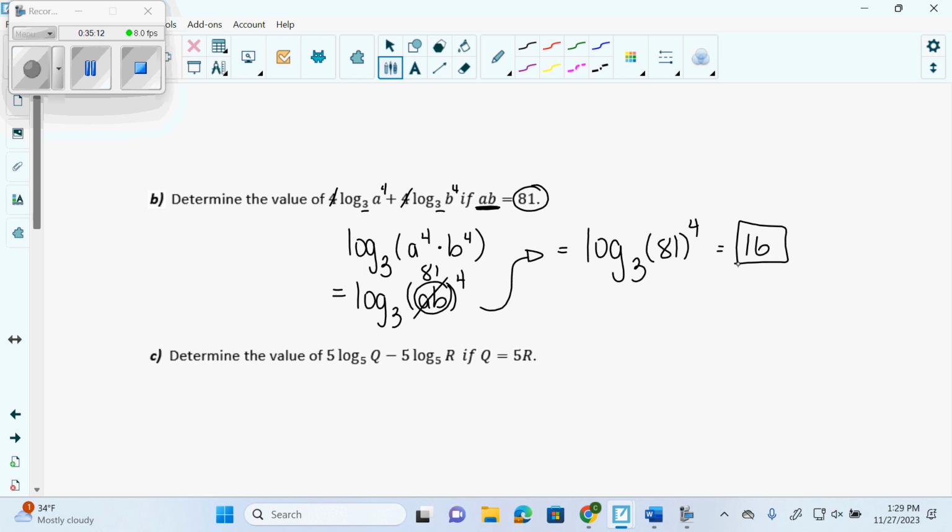I think he put the 4 outside the bracket. Yeah, that's what I did in the first one. I got it wrong. Well, let's go 81 to the 4. It might not be wrong. No, it's not. 81, the 4 is outside. Oh, the 4 is outside the bracket. So we log 81. So I was right the first time. Divided by what?